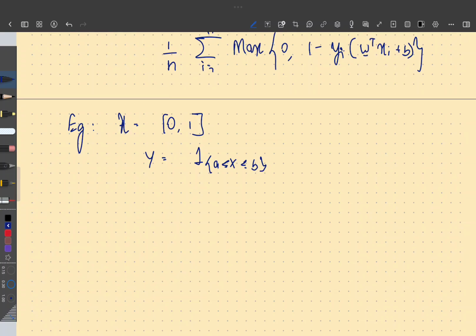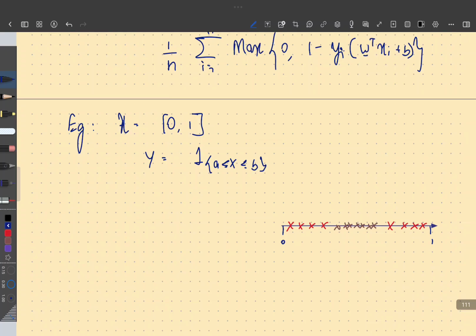Right. So we see some bunch of points. The brown points are labeled 1 and the red points are labeled 0. So maybe this is the interval from 0 to 1.